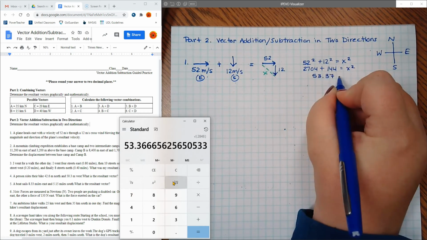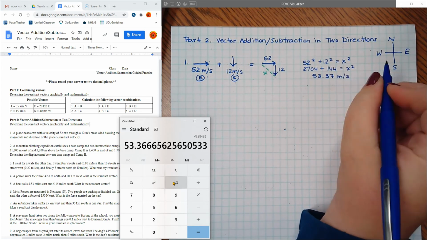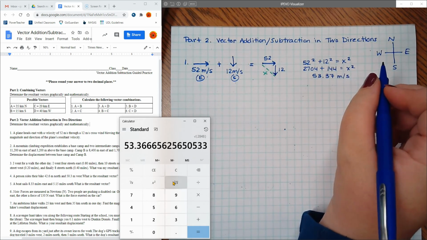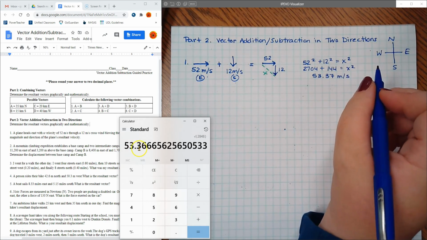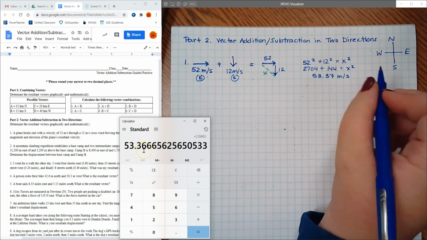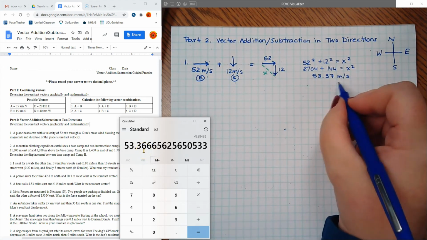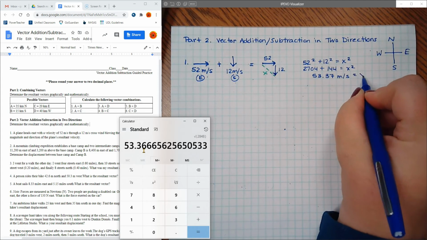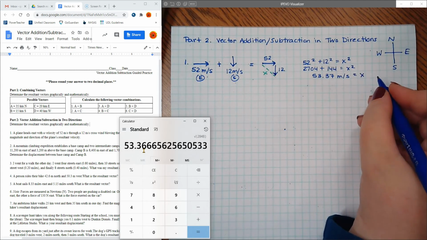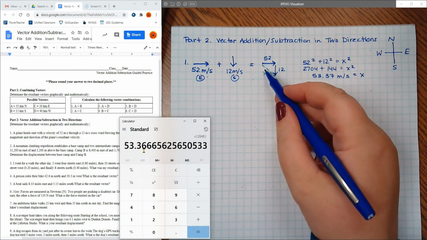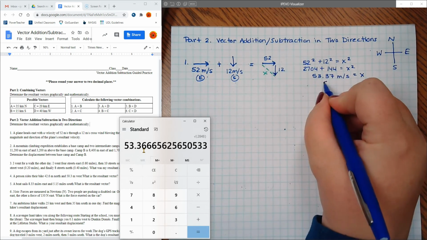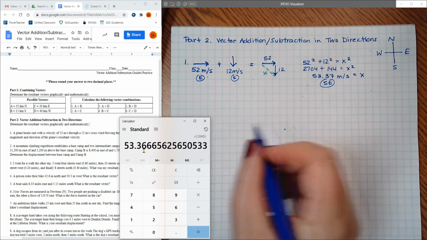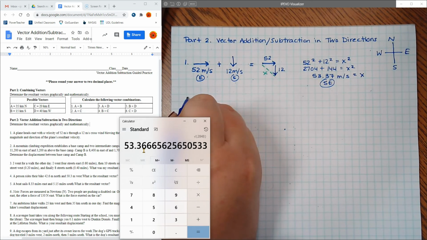And again, I'm only rounding to the nearest 2 decimal places, so going out to 0.36 and then rounding up because the next value is a 6. So x ends up being 53.37 meters per second, and judging by my dotted line, this is in the southeast direction. So there's number 1.